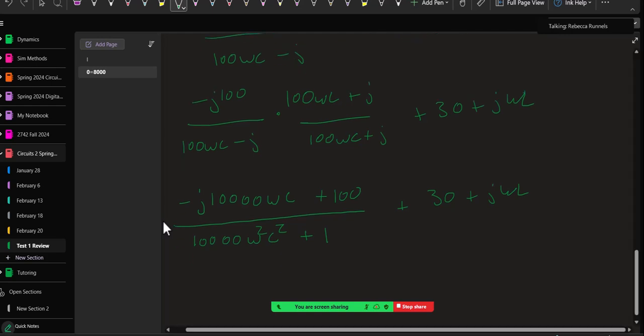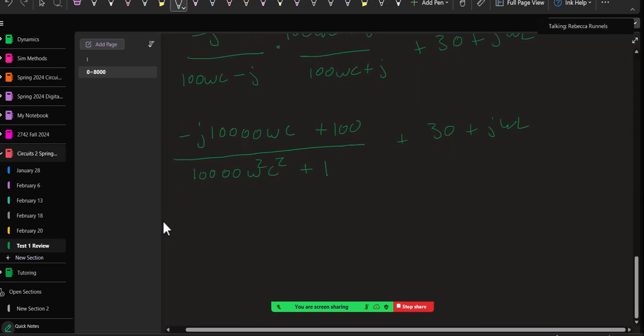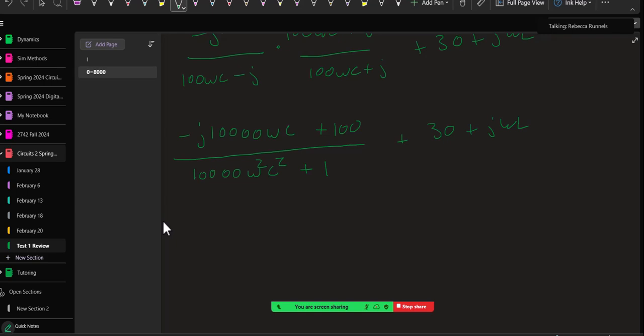Now I want to find out where my impedance is purely resistive. So I need my imaginary part to be 0.